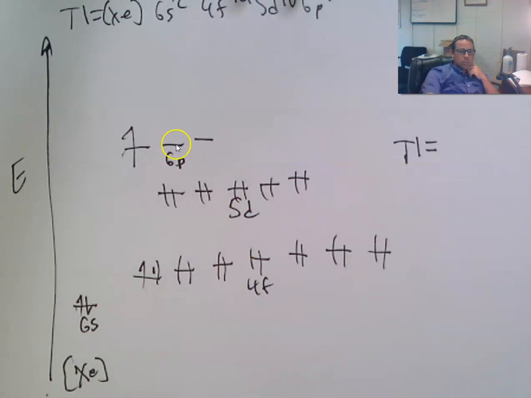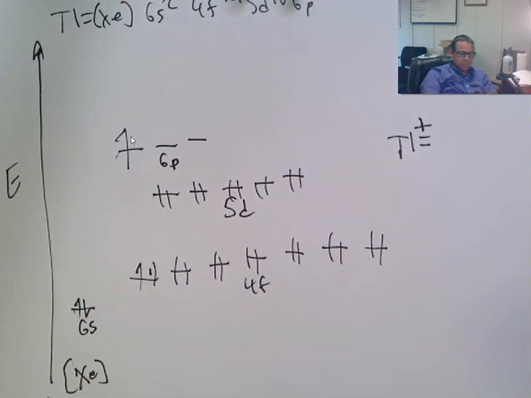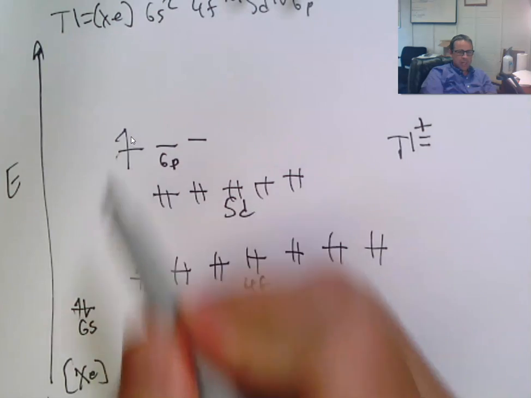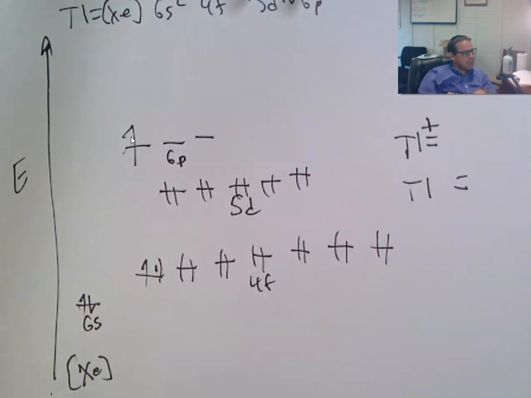So, if we lose this electron, what will that give us? An empty subshell, right? So, it would be feasible to think of a thallium plus 1. That would be losing that electron. And then, what would be next?